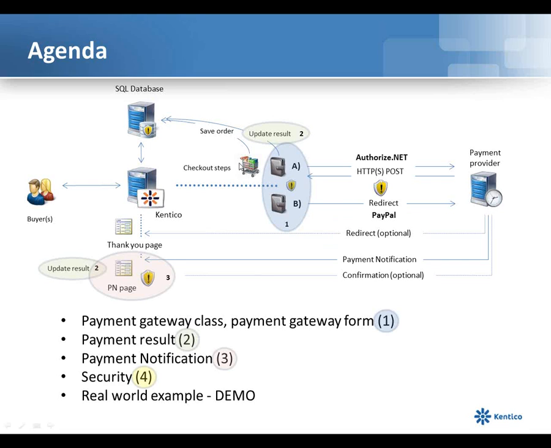And next comes the moment where we would like to get money, of course, for the goods that we are selling. This is an opportunity for us to take advantage of some payment gateway.